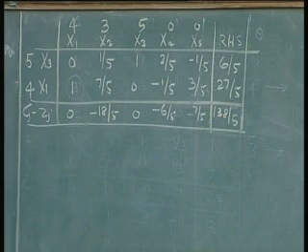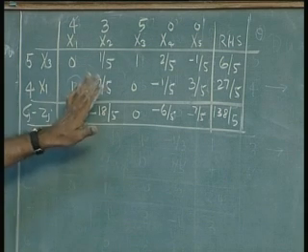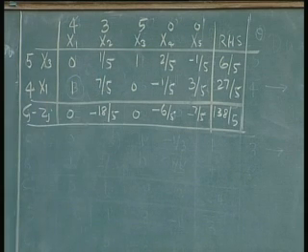Let us assume that we have this solution and we want to do sensitivity analysis on this problem with respect to this optimal solution. First thing we would look at is what will happen to the solution if there is a change in the objective function coefficient of a non-basic variable.